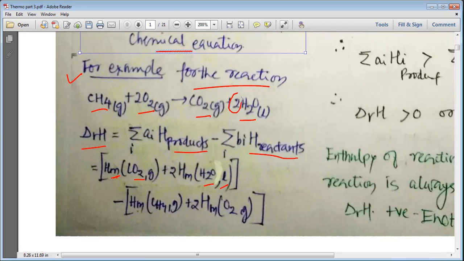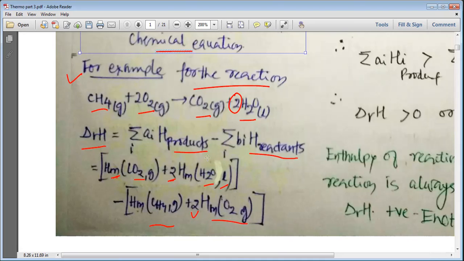But as 2 moles of water have been produced, we need to multiply the molar enthalpy by 2. And then the molar enthalpy of methane gas, and 2 times the molar enthalpy of oxygen gas, as 2 moles of oxygen react. So while calculating the enthalpies, we multiply the molar enthalpy by the stoichiometric coefficients.